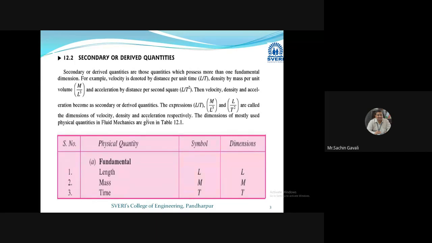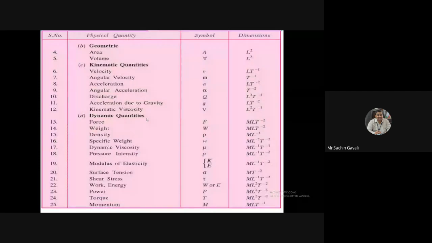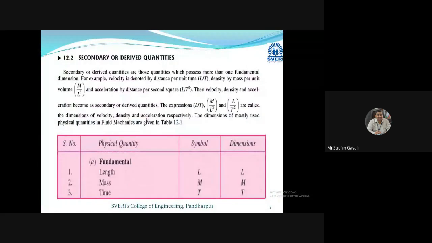For that, we should know the SI unit of the quantity. This is very basic. Everybody knows fundamental dimensions and derived dimensions. I think you all already learned this in 12th standard. Am I right?